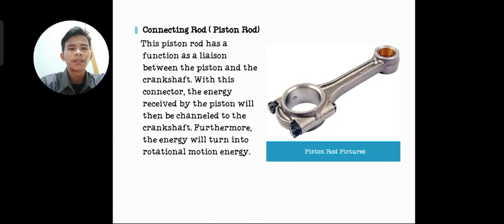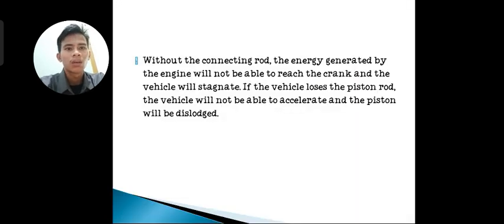Furthermore, the energy will turn into rotational motion energy. Without the connecting rod, the energy generated by the engine will not be able to reach the crank, and the vehicle will stand still. If the vehicle loses the piston rods, the vehicle will not be able to accelerate, and the piston will be dislocated.